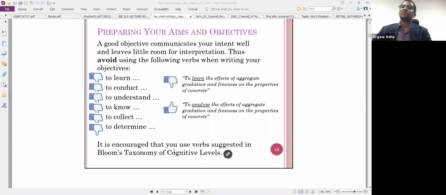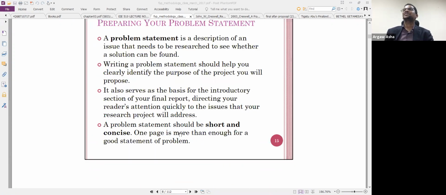For example, when you say "to learn the effect of aggregate gradations and the fineness on the properties of the concrete," don't use such words that confuse others.